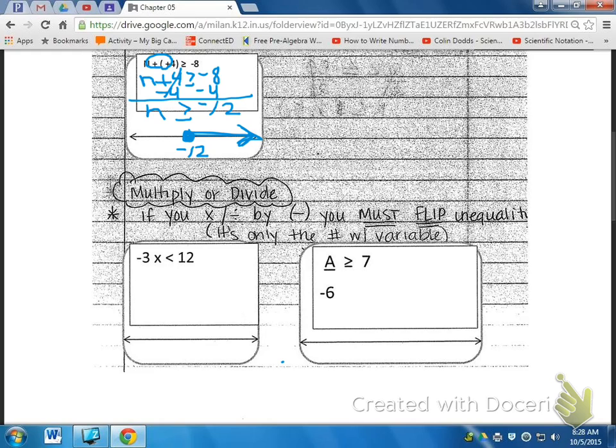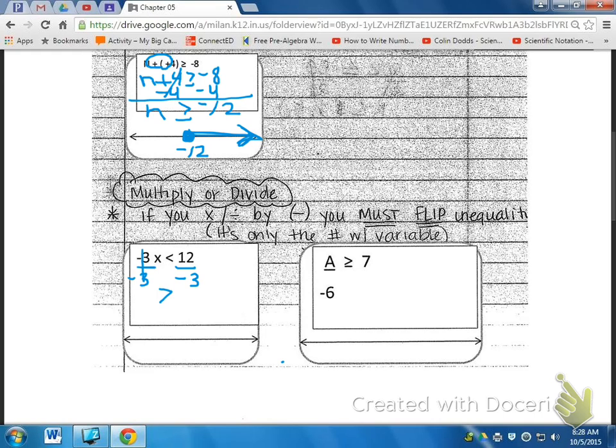So negative 3x is less than or equal to 12. This is a multiplication, negative 3 times x, so you're going to divide both sides by negative 3. Once I say or think to myself, I'm dividing by a negative anything, I should flip around from less than to greater than. It's not less than anymore.